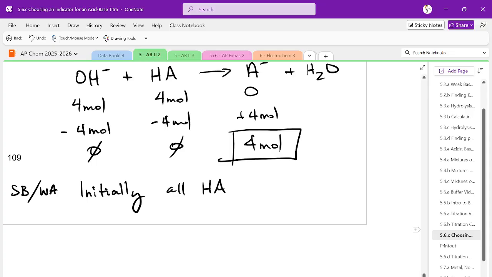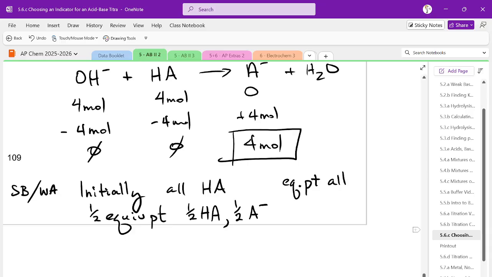At the half equivalence point, you're going to have half HA and half A minus. And at the equivalence point, it's all A minus. Did that make sense?